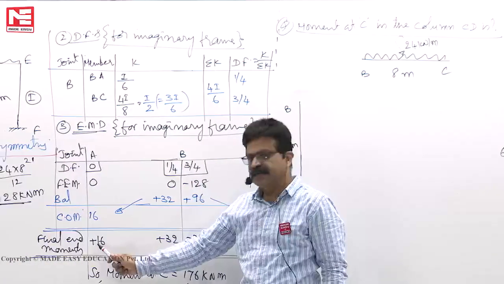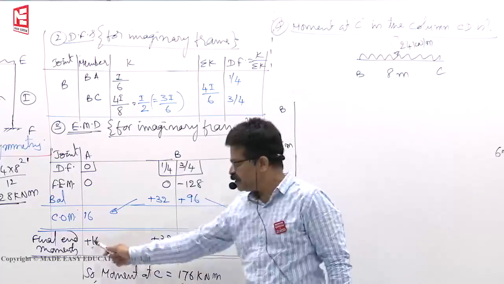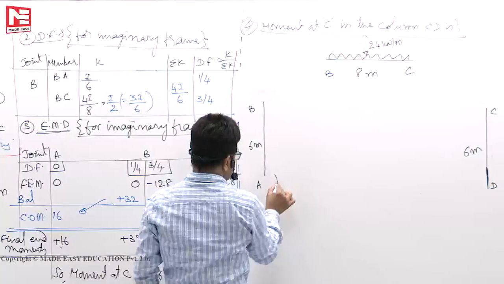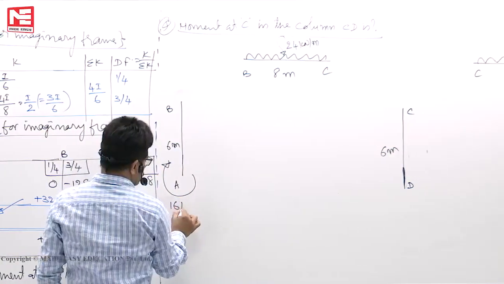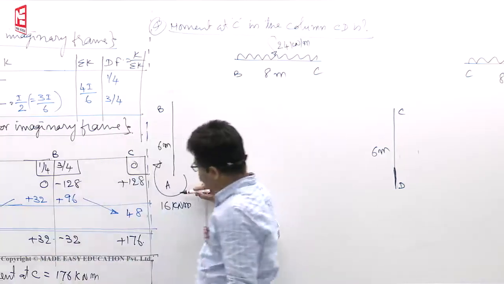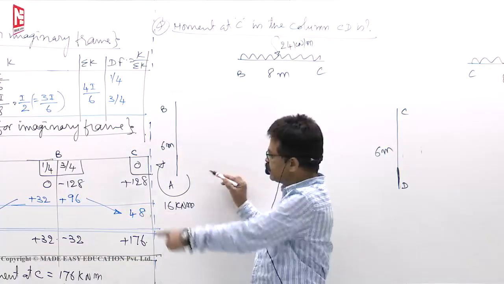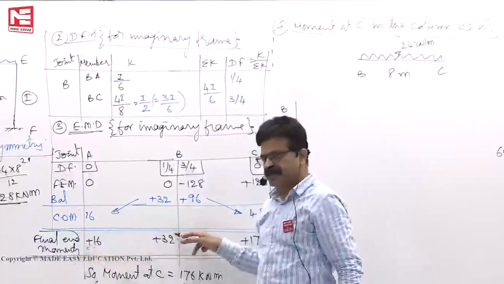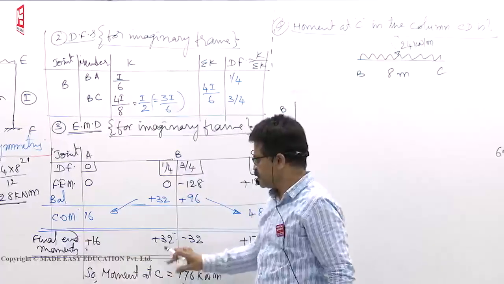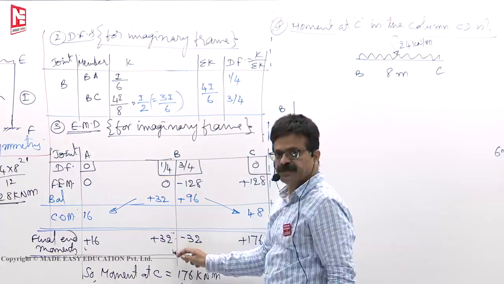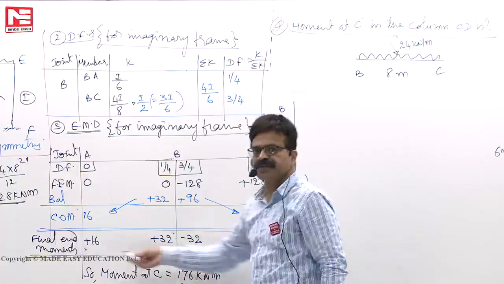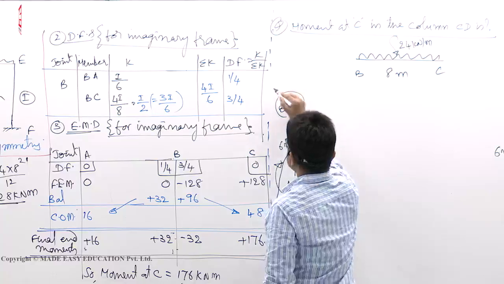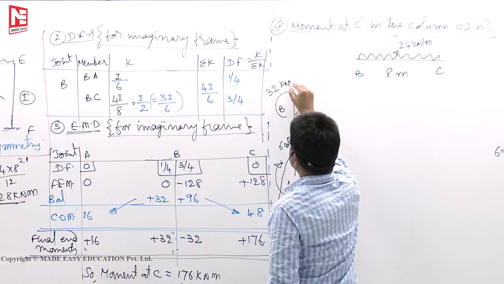AB member at A, for the member AB plus 16. Plus implies that it is clockwise. So you show that clockwise 16 kilonewton meter. This is 16 clockwise because it is plus. Next, this is plus 32 at B for the member BA, 32 kilonewton meter.